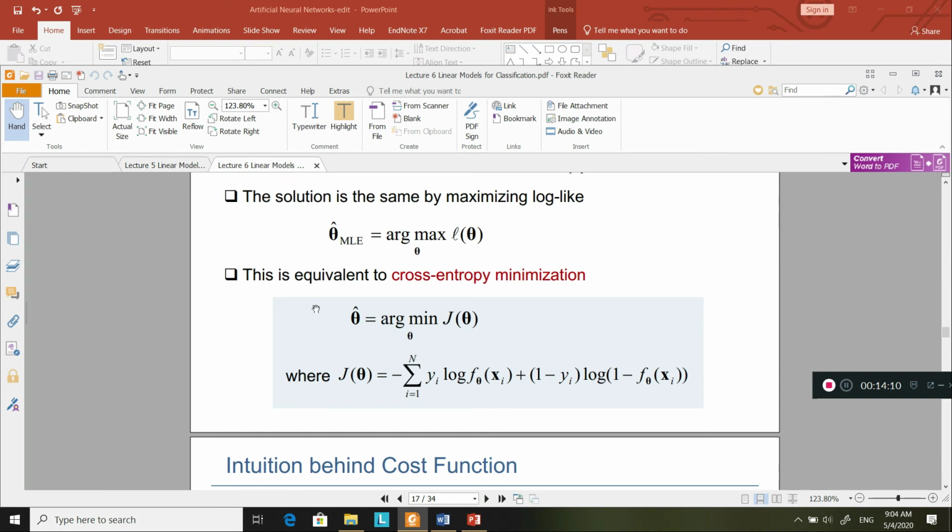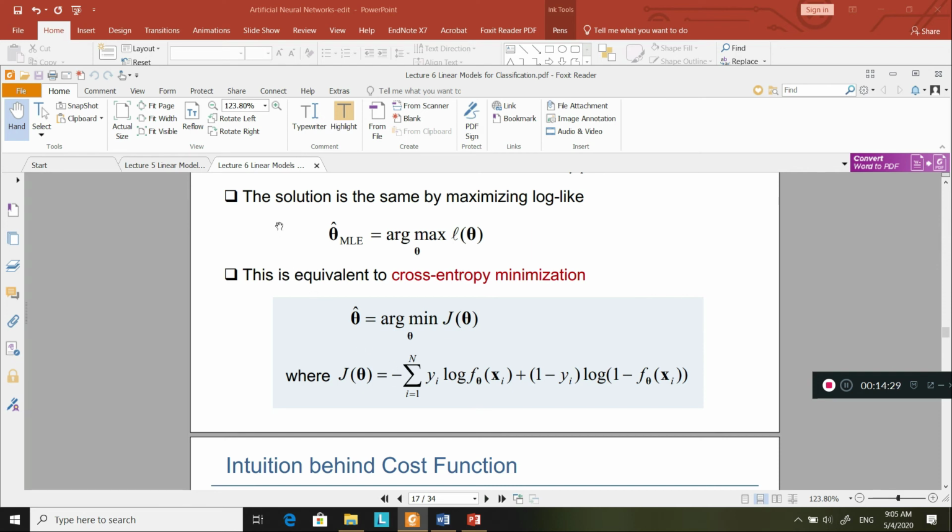But compared to MSE, the cross entropy is better in minimizing the cost function related to a classification model.